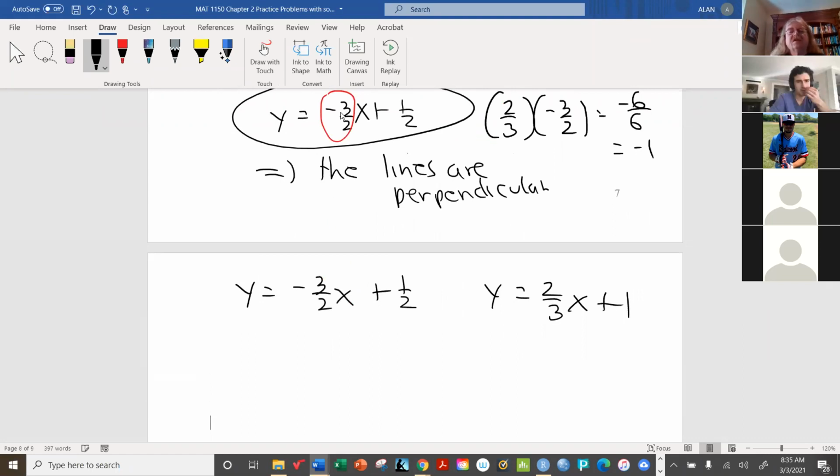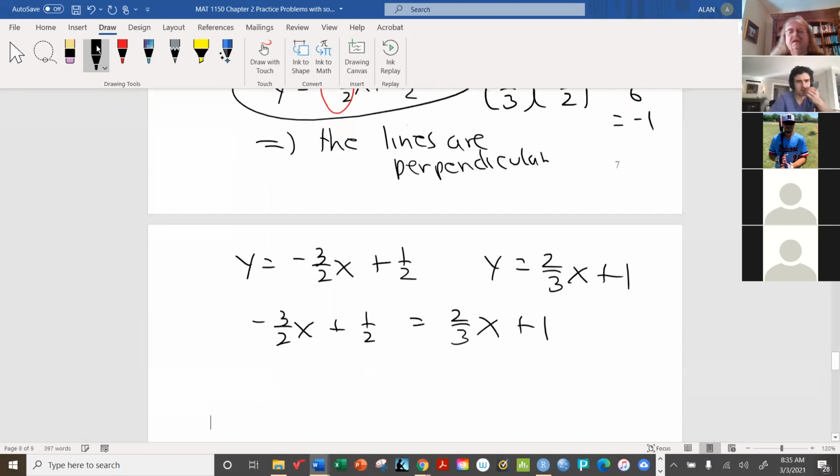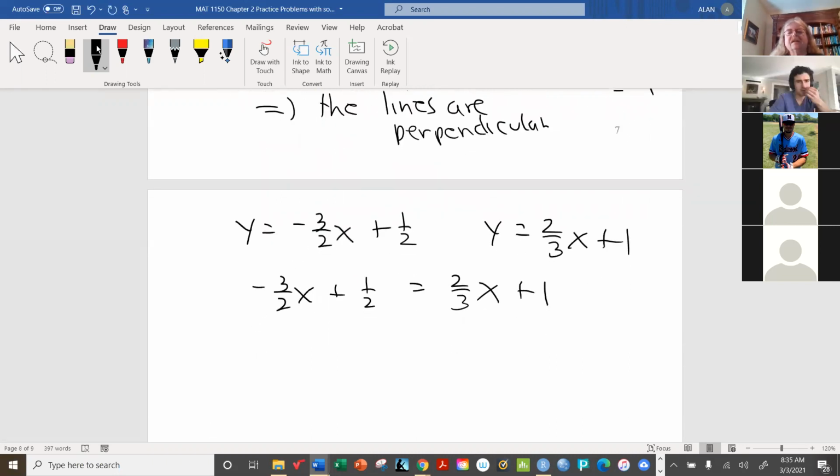Why don't we just set them equal to each other? We've got to consolidate these x's somehow. Let's turn everything into sixths: -9/6 x plus 3/6 equals 4/6 x plus 6/6.